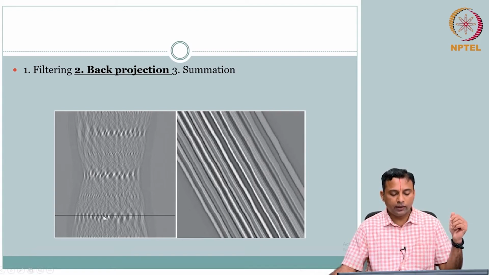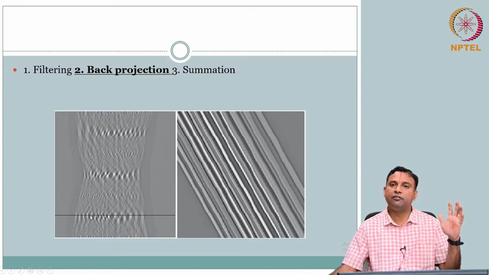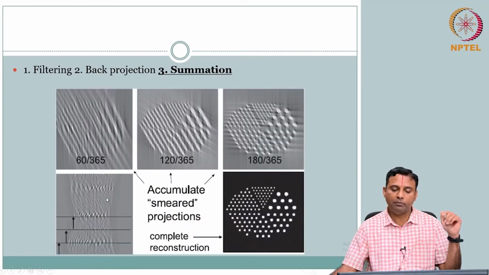You take the projection along this line, and you project it back along the field of view at the angle. So this angle is the angle that you see here. Okay, so this is your back projection, the same as the back projection we saw before. Now we start with the filtered projections that you back project, and then finally summation.